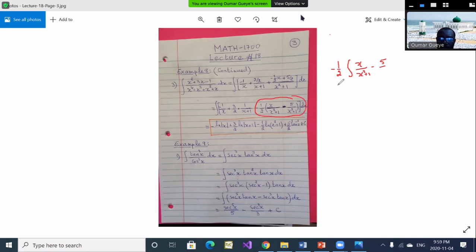Okay. So here's going to be x, x squared plus 1 dx.